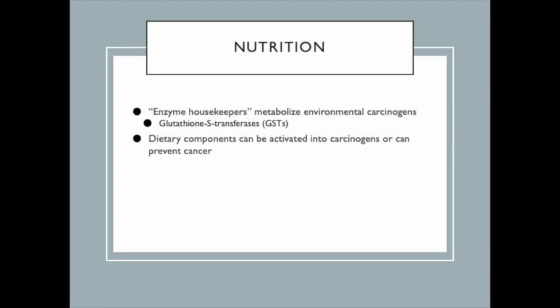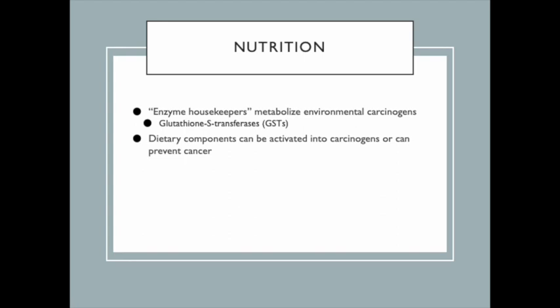We have enzymes which help us to maintain and metabolize the environmental carcinogens that enter our bodies through nutrition. We also have reactive oxygen species that help to do this as well. GSTs are an example of these enzyme housekeepers.